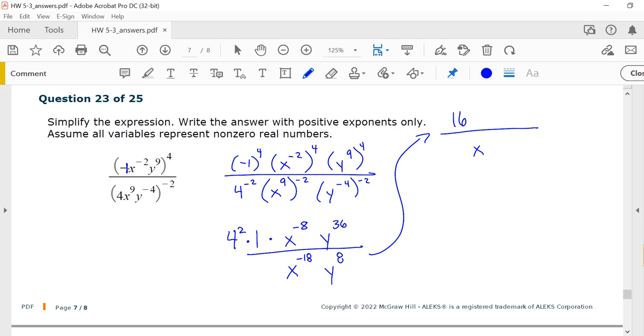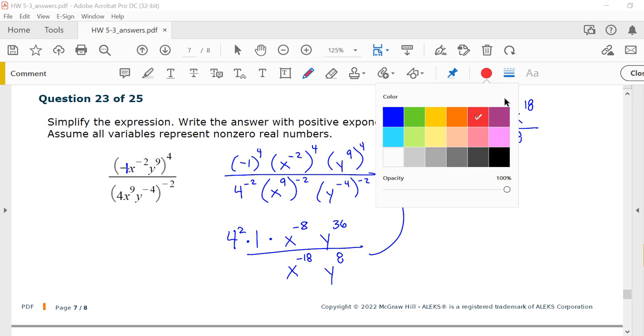I'm going to put x to the 8th on the bottom. I'm going to keep the y to the 36. This x to the negative 18th, I'm going to put it up top and it becomes x to the positive 18th. And then I still have y to the 8. All right, 16. x to the 18 minus 8.